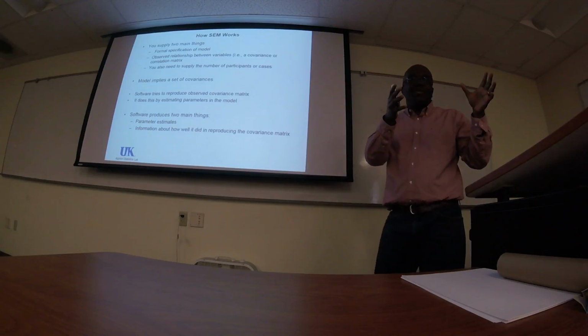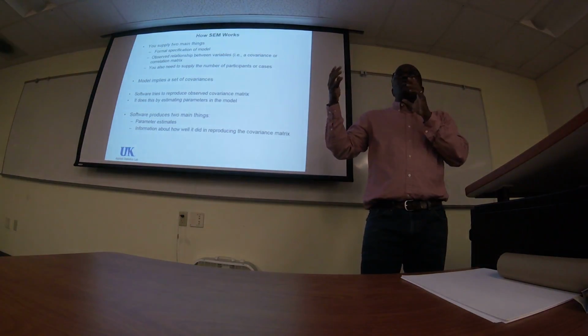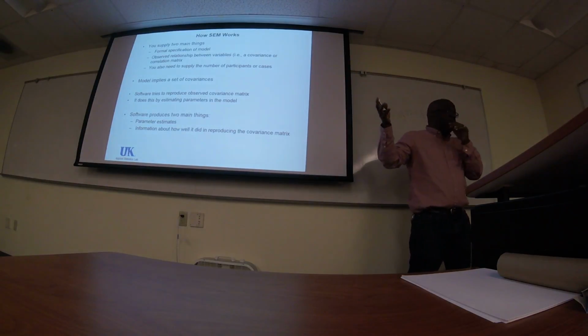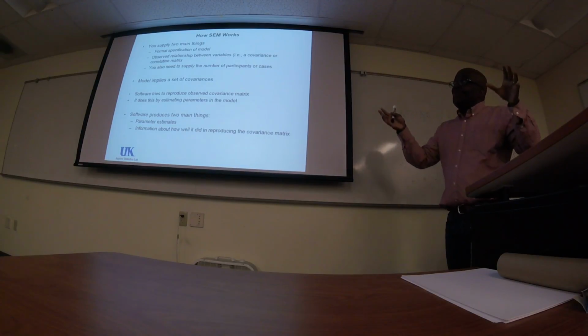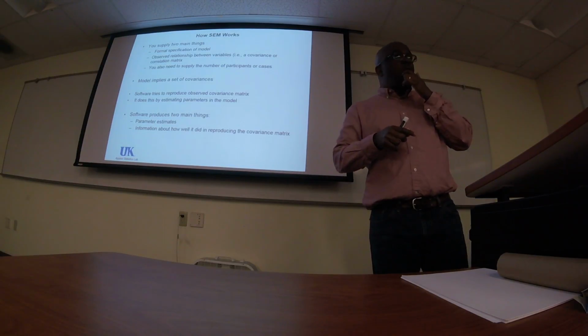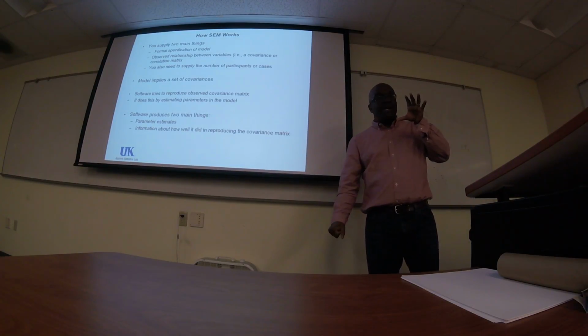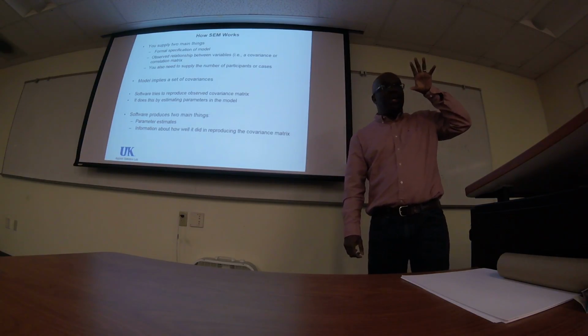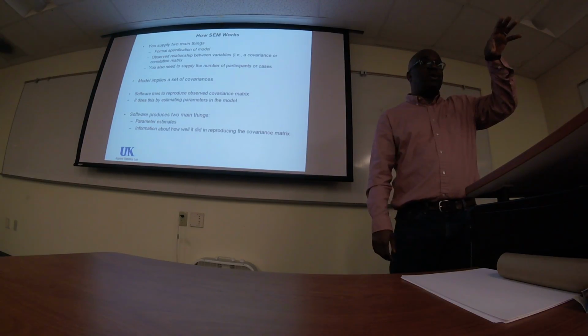Once we have the model, we need the raw data, or we need a matrix of correlation and the number of participants in order to estimate the model. What the model is doing when you are estimating it is saying, this is the pre-established structure of relationship between the variables.